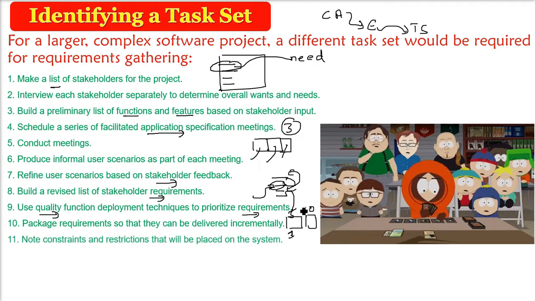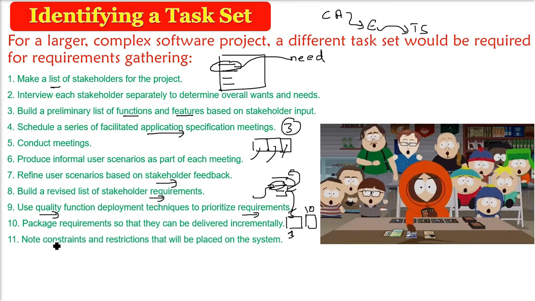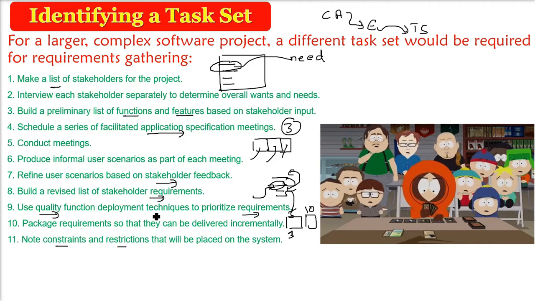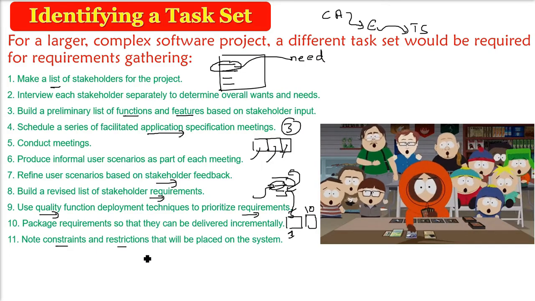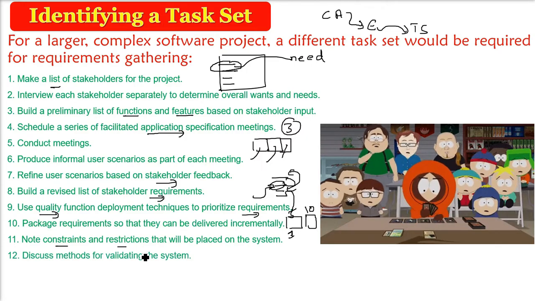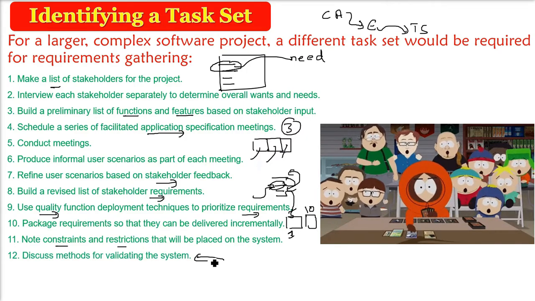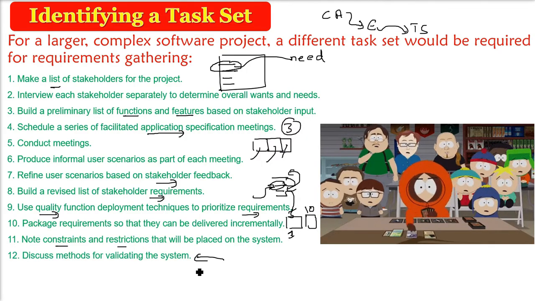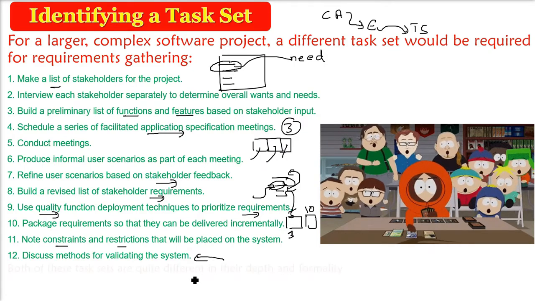This time you will give this one, this time you will give this one, and you have to note the constraints and the restrictions, because you have to know what restrictions you have. This far I cannot go. This is what you have to place in the system. And then you have to discuss different methods, because you have to validate the system. Verification and validation has to be done.